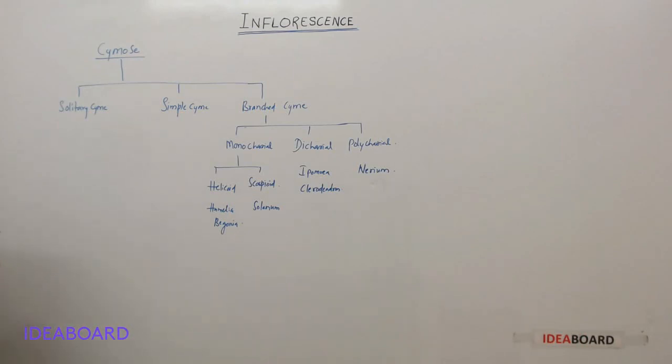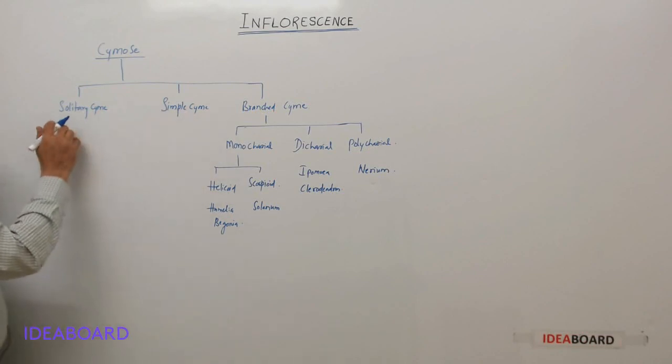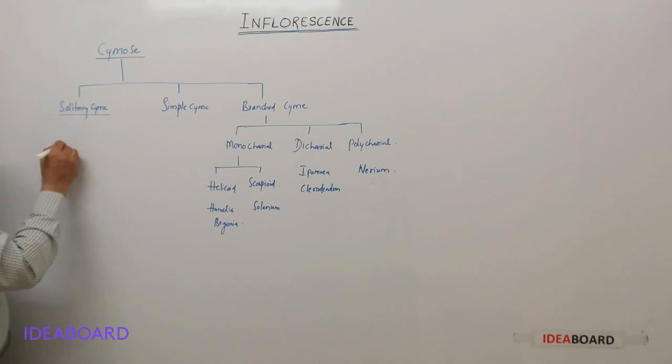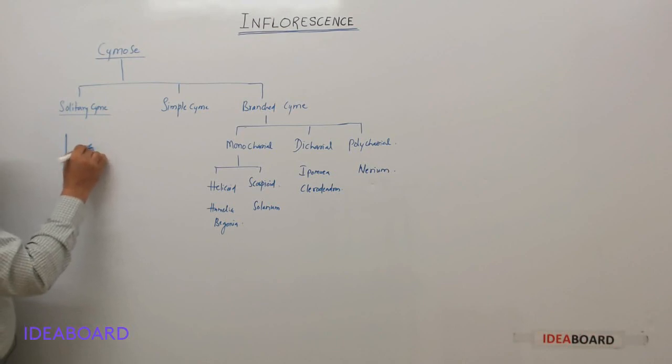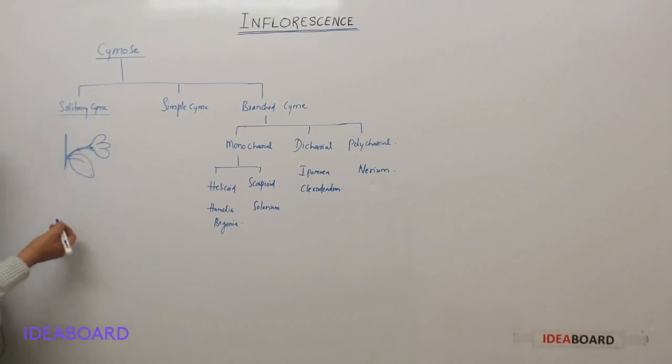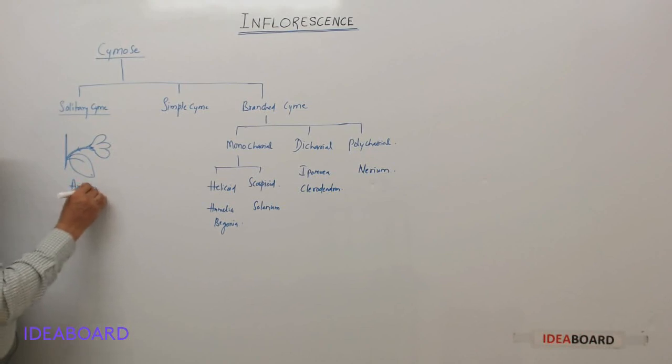In cymose inflorescences, we find three basic types. Solitary cyme. Solitary means a single flower. When a single flower develops in the axil of the leaf, as in the case of hibiscus, that is China rose, this is called axillary solitary.